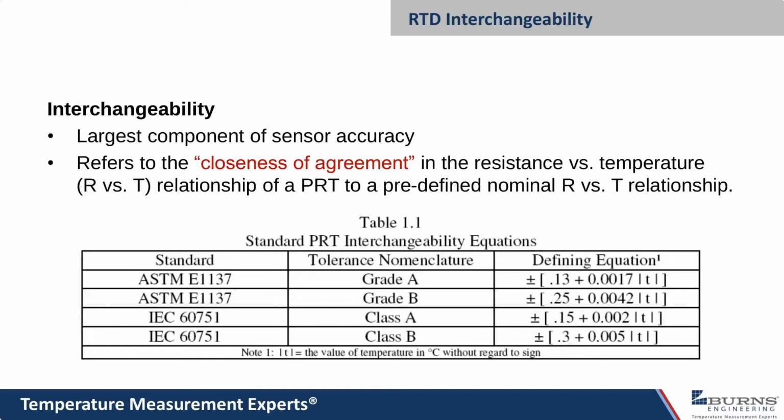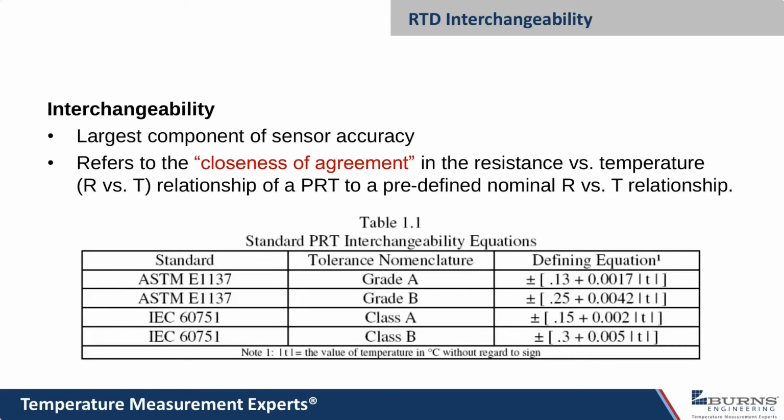It doesn't mean that the sensor is any more or less stable or repeatable than another one. It's just that when that tolerance was trimmed, it got a little bit closer to 100 ohms than the one on the outskirts of the tolerance band.